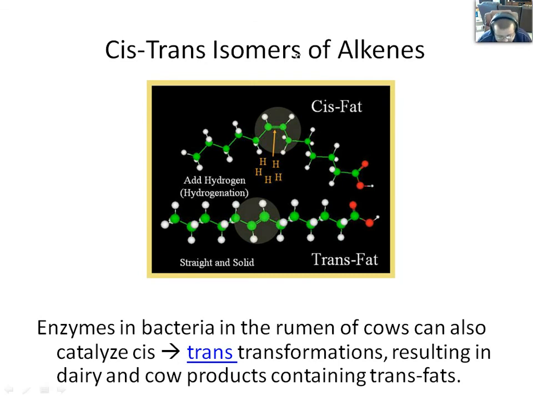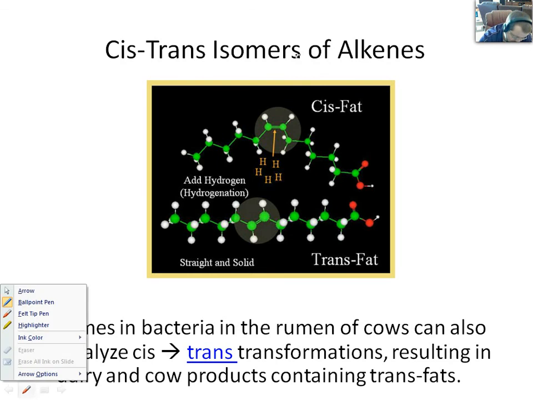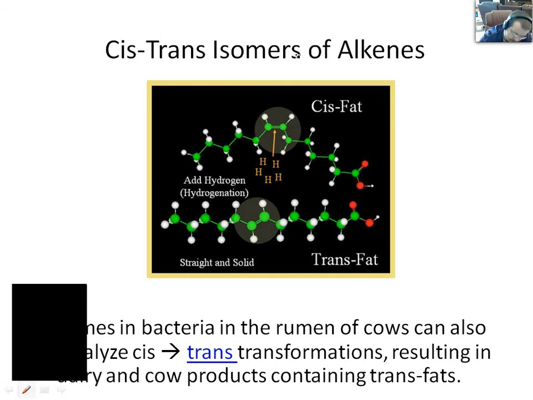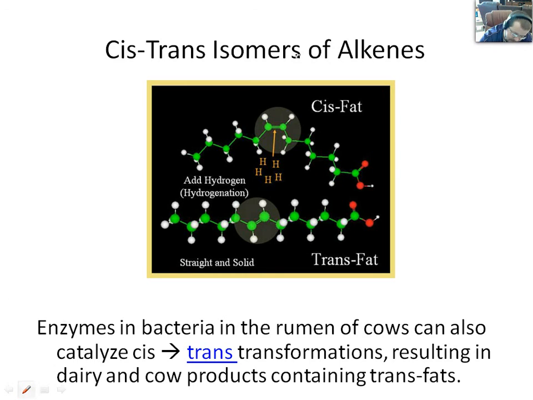So thinking back, we introduced the ideas of cis and trans. Cis meaning same side, trans meaning opposite sides. The top molecule represents a cis molecule. So our double bond shows up here.